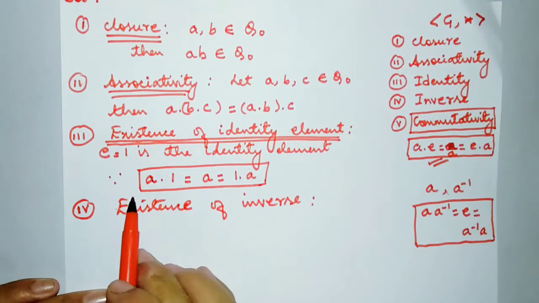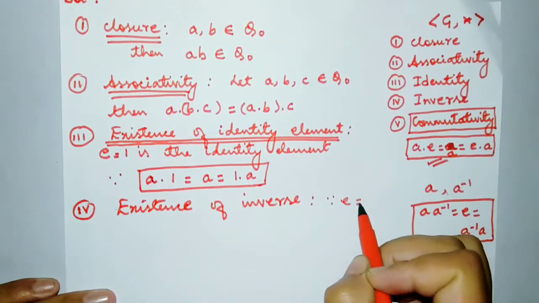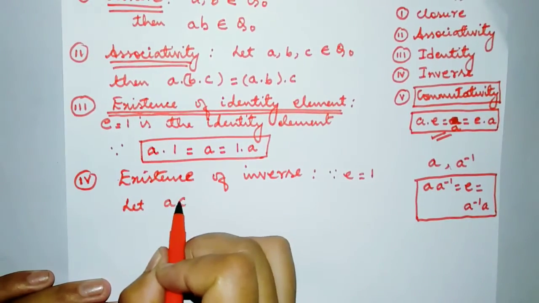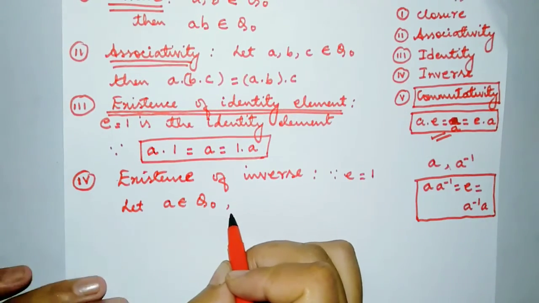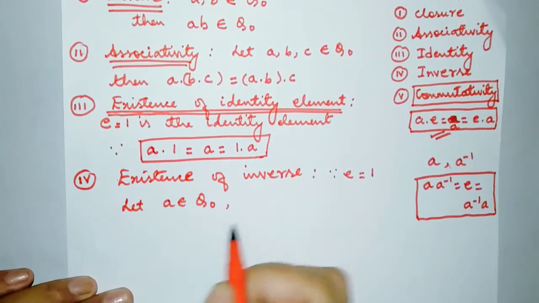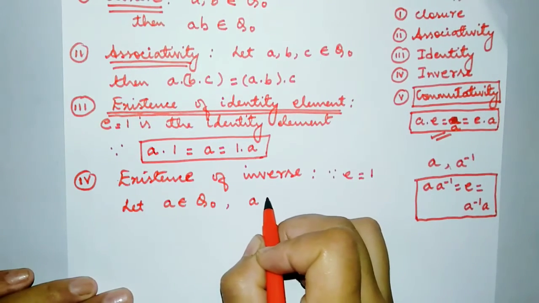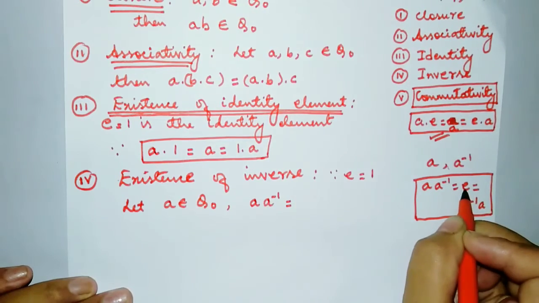Since from here we already know that the identity is 1, okay, then let A belong to Q0. Then we can find the inverse of A such that A into A inverse is equal to E. What is E?